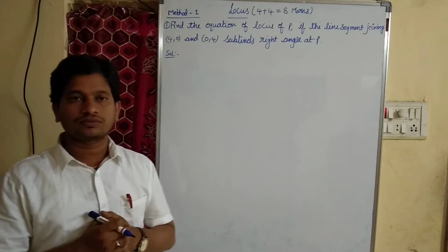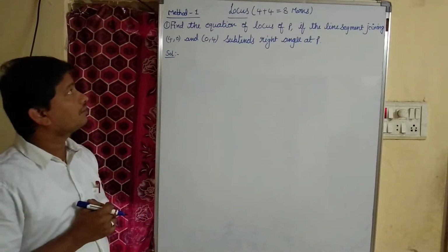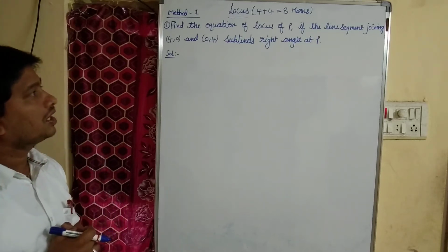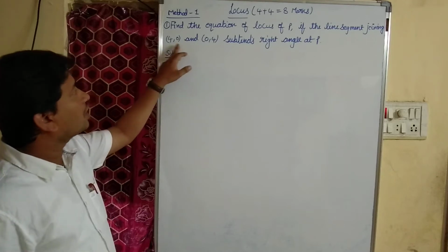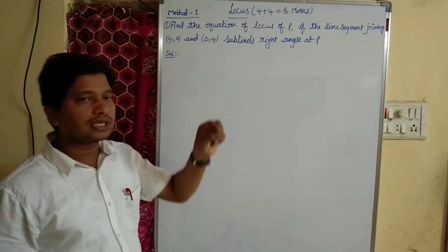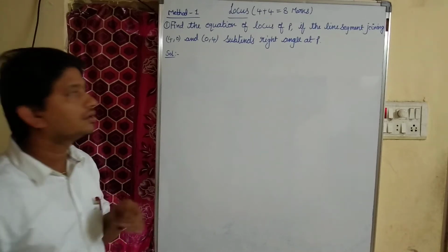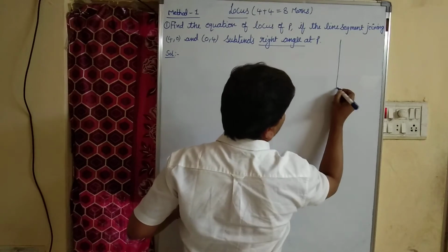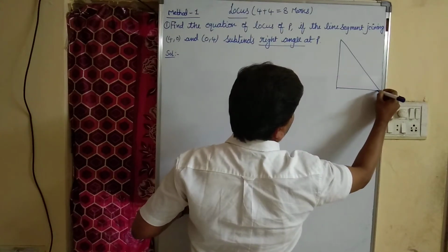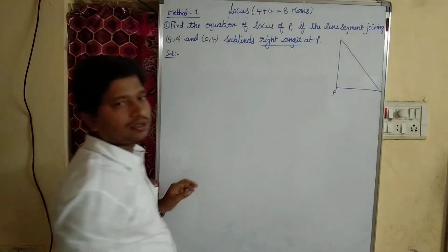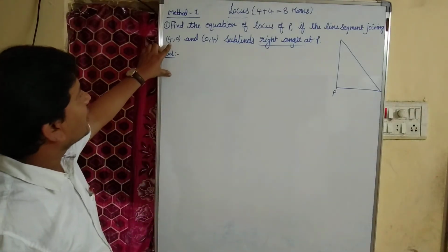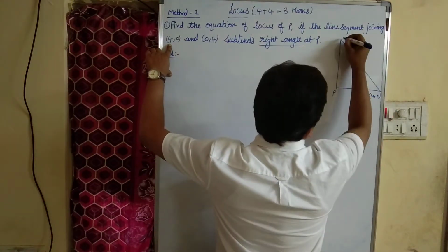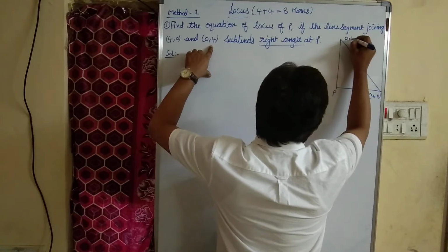You know children, coming to method number 1: find the equation of locus of P if the line segment joining 4, 0 and 0, 4 subtends right angle at P. Right angle at P, and the line segment joining points are 4, 0 and 0, 4.